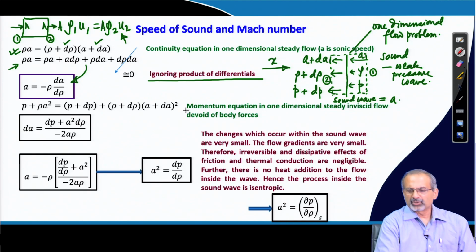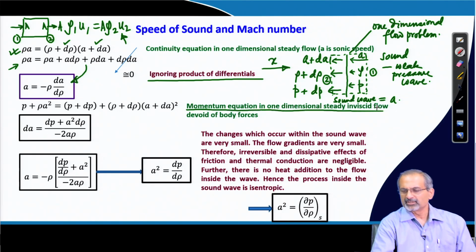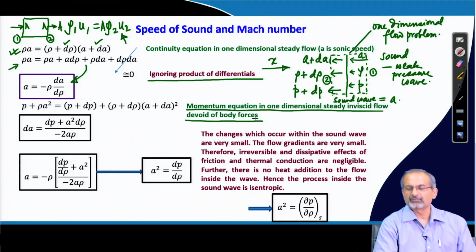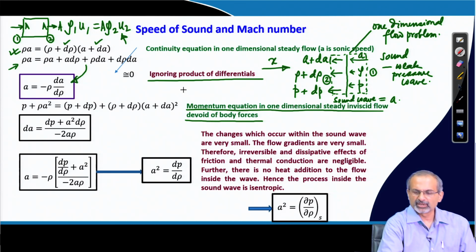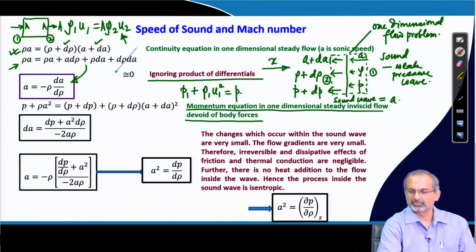Now, if we apply the momentum equation in one dimensional steady inviscid flow devoid of body forces, what expression would you get? You will get an expression like this: P 1 plus rho 1 u 1 square equal to P 2 plus rho 2 u 2 square.